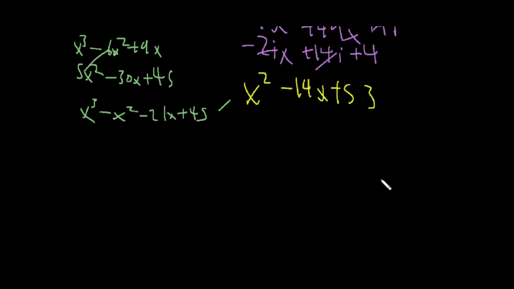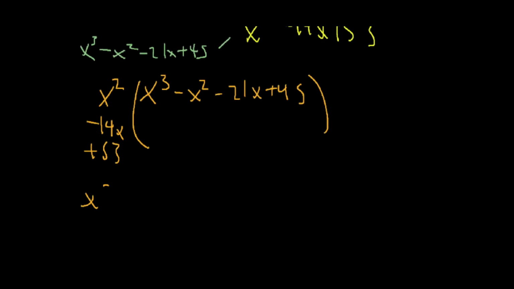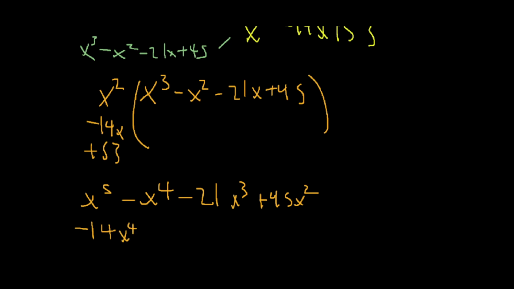Okay, so that'd be x to the 5th minus x to the 4th minus 21x cubed plus 45x squared, and then minus 14x to the 4th plus 14x cubed, 21 times 14.